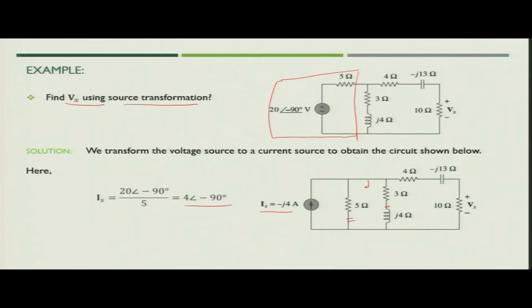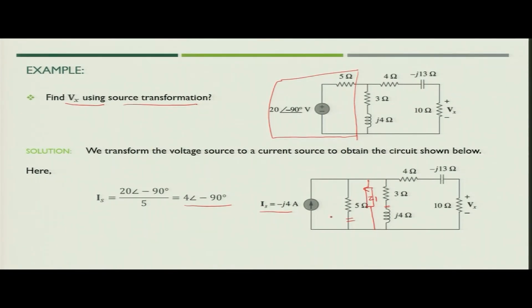So, the current source is now in parallel with one impedance, and you can convert it back into a voltage source in series with impedance.